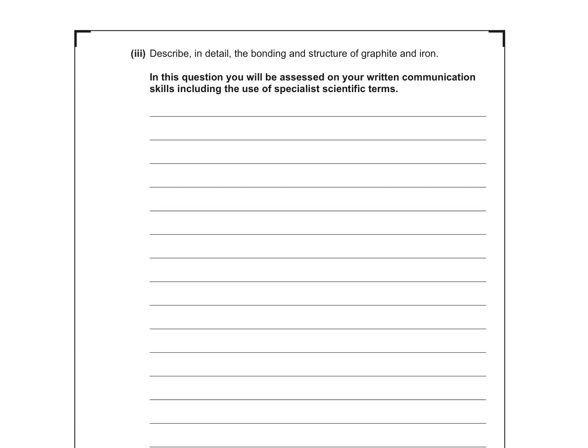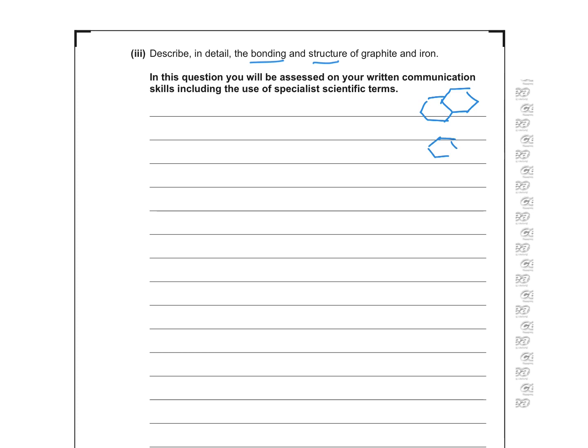Now in this question, we're comparing the bonding and the structure of graphite and iron. So if I draw the structure of graphite, first of all, just to remind you of what it's like, there are these hexagonal layers, like so. I'll just draw a couple of hexagons and then I'll do another layer underneath.